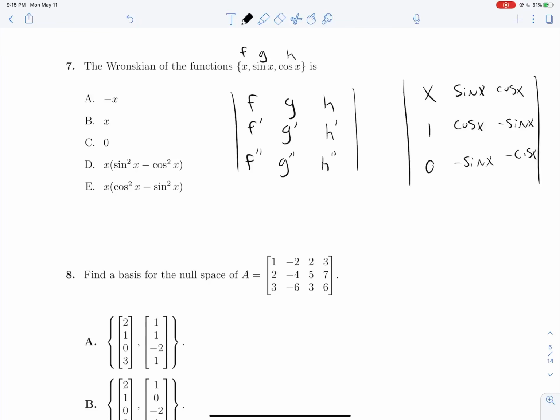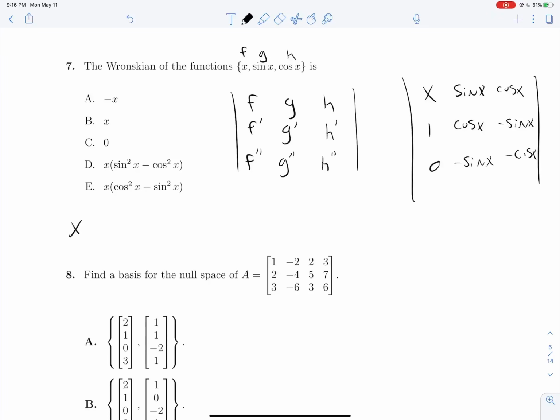Okay, this is going to be great. So we can write this determinant as x times the determinant of this submatrix, which is just formed by crossing out x's row and column, and then we will subtract 1 multiplied by the determinant of this submatrix, and then really we're adding 0 times the determinant of this submatrix, but that will just evaluate to 0, so we don't really care about what's going on there.